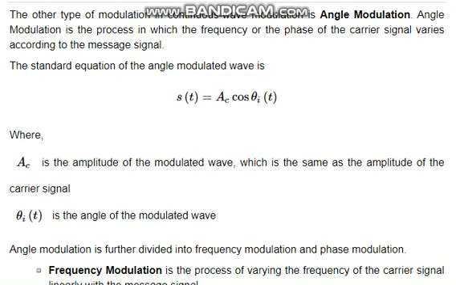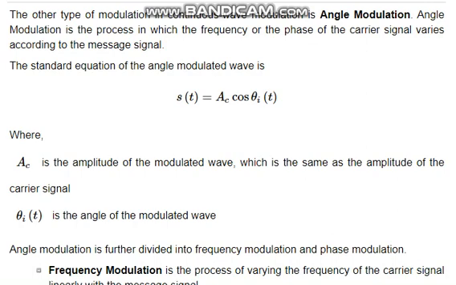So in previous lectures we came to know about amplitude modulation, but there are two other modulation techniques: frequency modulation and phase modulation. These two modulations are commonly known as angle modulation, because both have the same kind of amplitude, but they differ in the frequency and the phase.